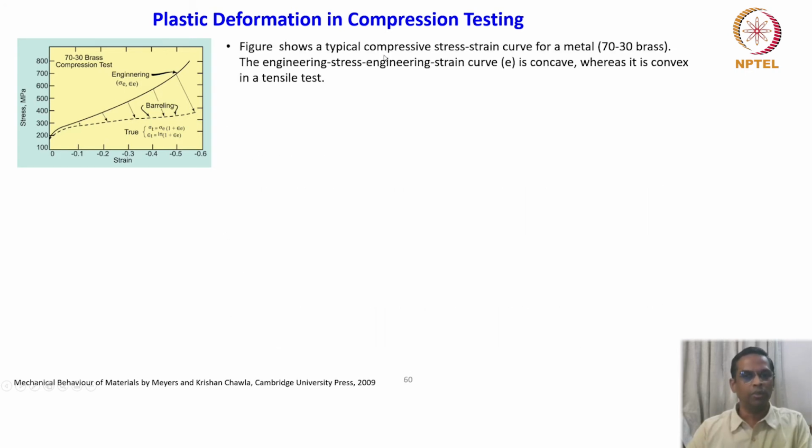The figure shows the typical compressive stress strain curve for a metal, 70-30 brass. The engineering stress strain curve is concave, whereas it is convex in a tensile test. So that's a simple first observation. It is concave.